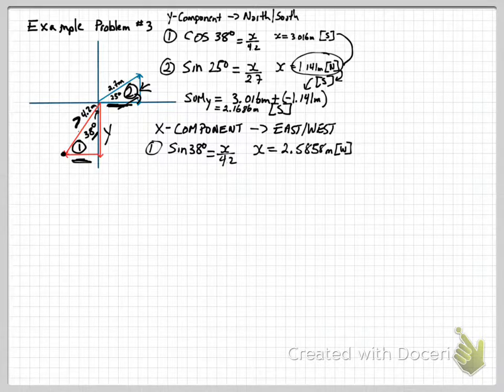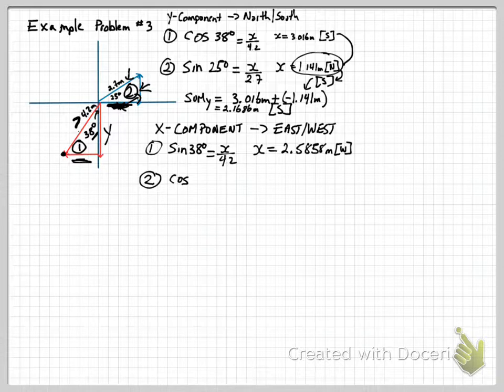We're now going to look at triangle number 2. And now we're going east. And again, in that triangle, this one here is going to be adjacent over hypotenuse, so that's going to be the cosine.